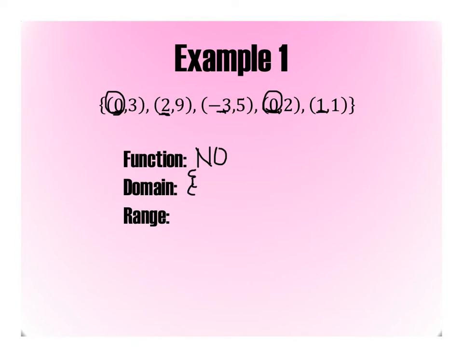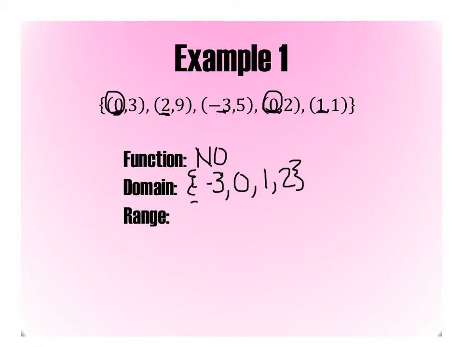So when I look here, the lowest number I see in my X values is -3. And then I see 0. Next I see 1. And then I see 2. So our domain is -3, 0, 1, and 2. Again, it's in numerical order, and we do not repeat any repeating numbers.